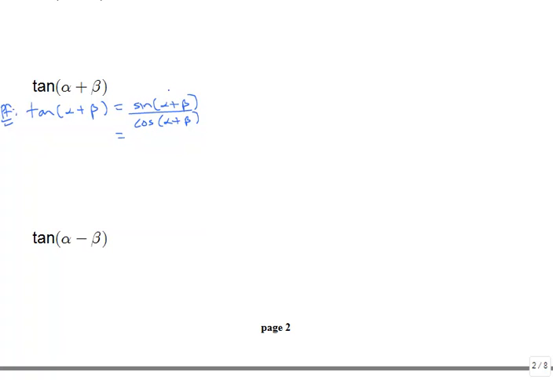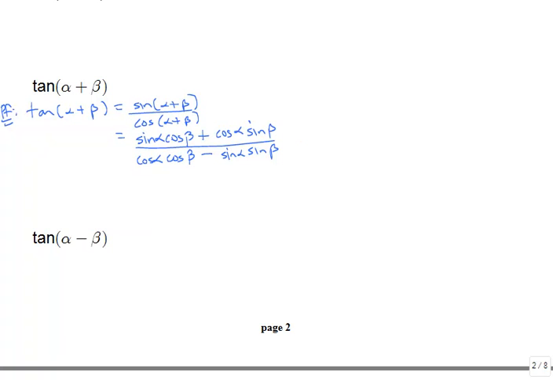So sine of a sum is sine of the first angle times cosine of the second angle plus cosine of the first angle sine of the second angle. Then for cosine sum, it's cosine of the first times cosine of the second minus sine of the first sine of the second.